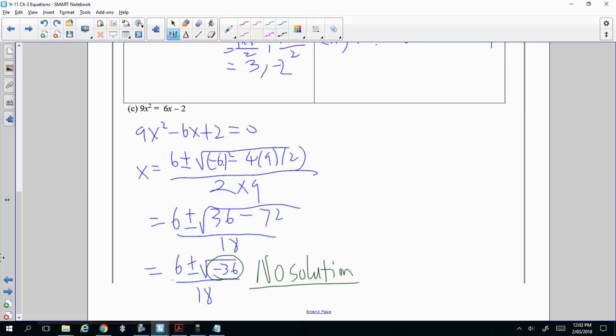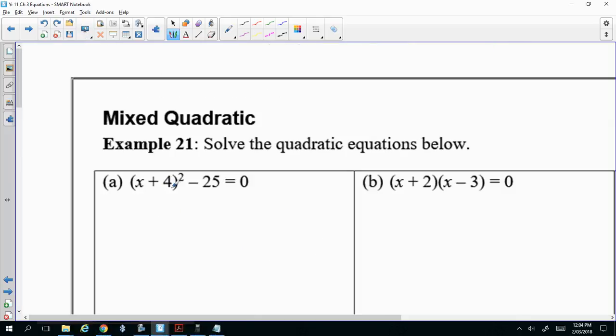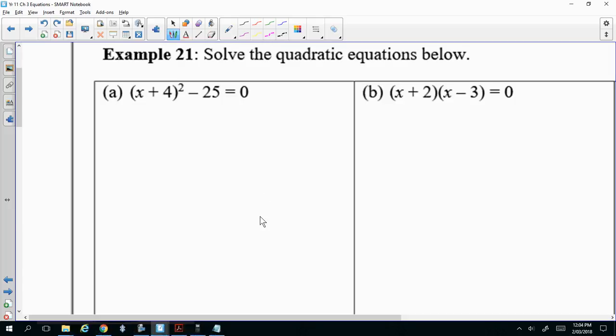The first one is best to be done not by factorizing, but instead it's a perfect square. So what you do is just move the 25 over and square root. If you're going to expand and factorize, that will take too long. It's better you move the 25 over and just square root, plus or minus 5.